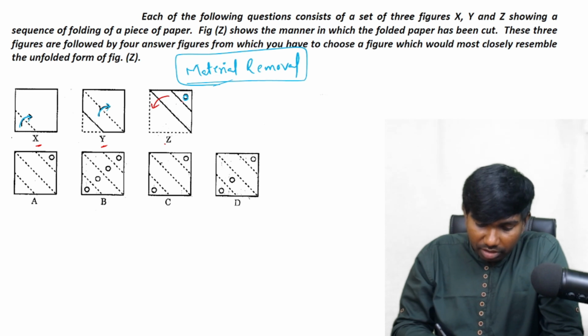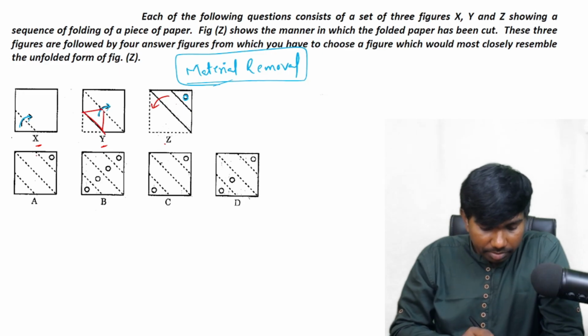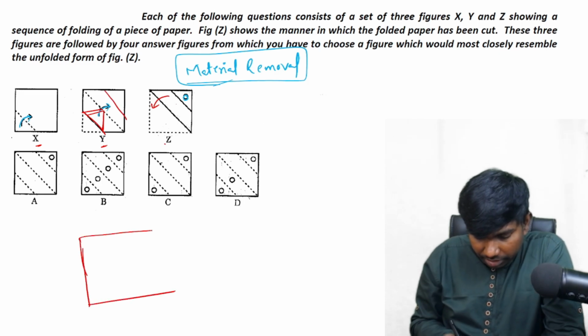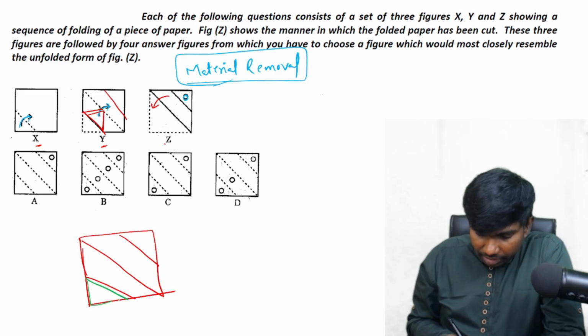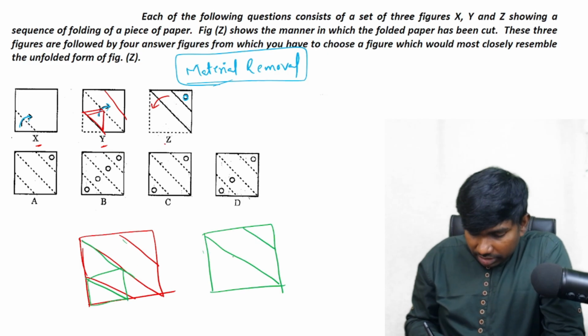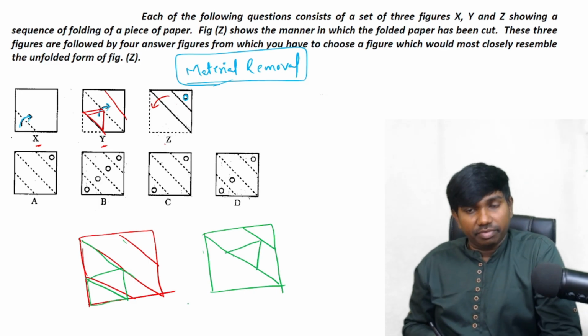If you unfold it along this line, first unfolding is, see, let me draw here. First this part is folded, that means we will see this part, and then this is unfolded, that means this will be the figure we have, right?